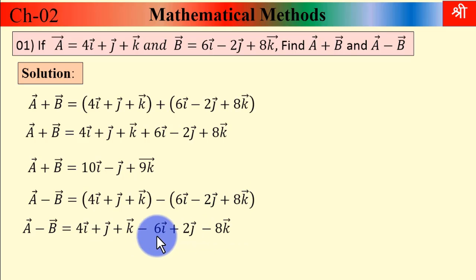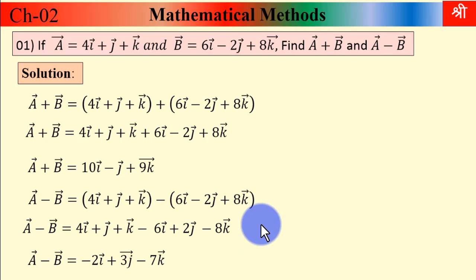Now just add the corresponding components, x component of first vector with x component of second vector. So 4i minus 6i will be minus 2i, j plus 2j will be 3j, k minus 8k will be minus 7k. So this is vector a minus b. This is answer of second part. So this was a very simple example.